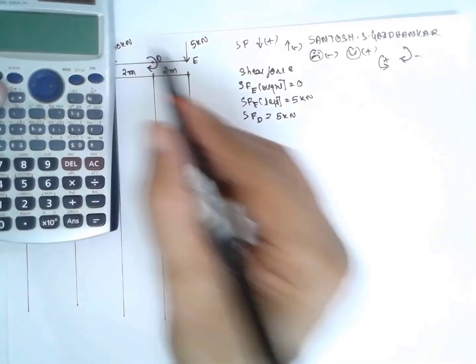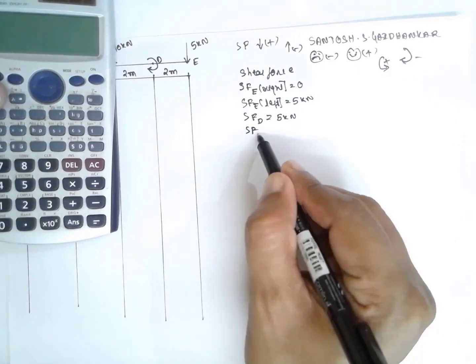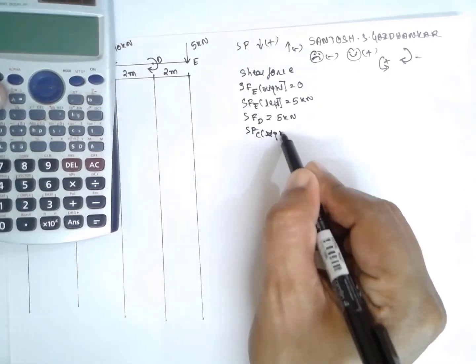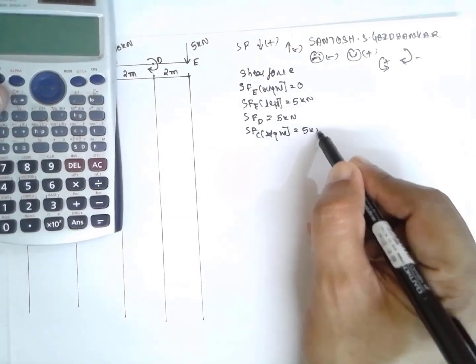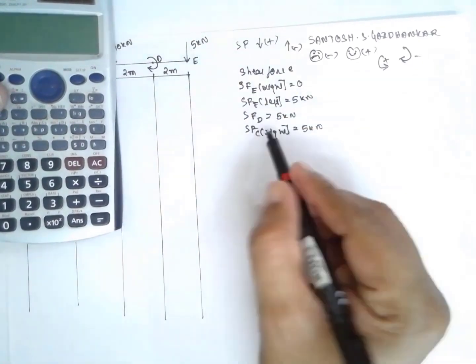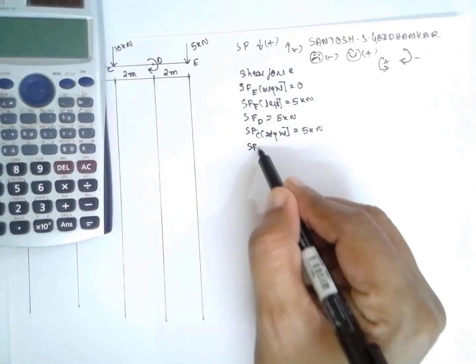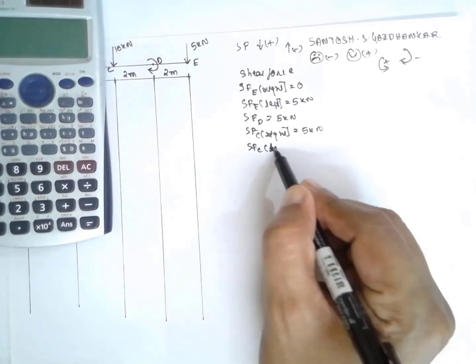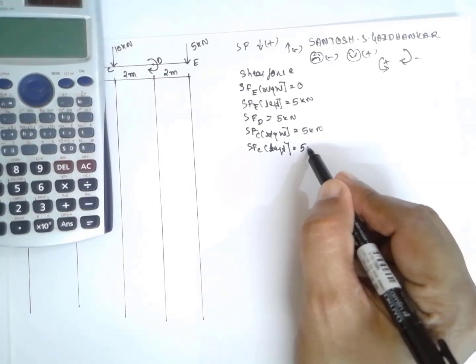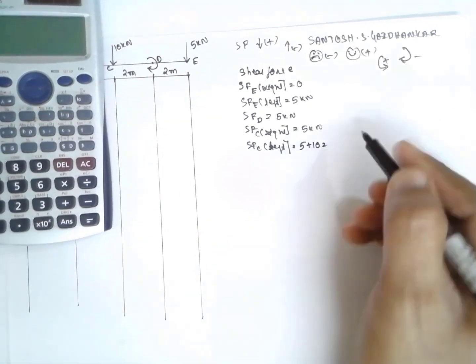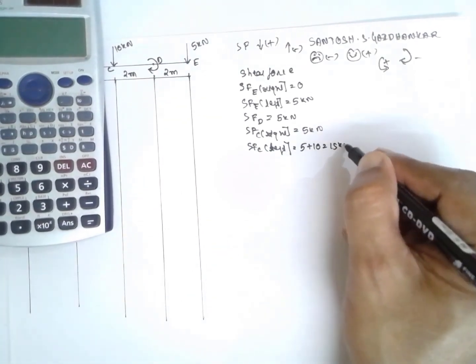SF at C, right side, previous value 5 kilonewton. SF at C, left side, 5 plus 10, it will be 15 kilonewton.